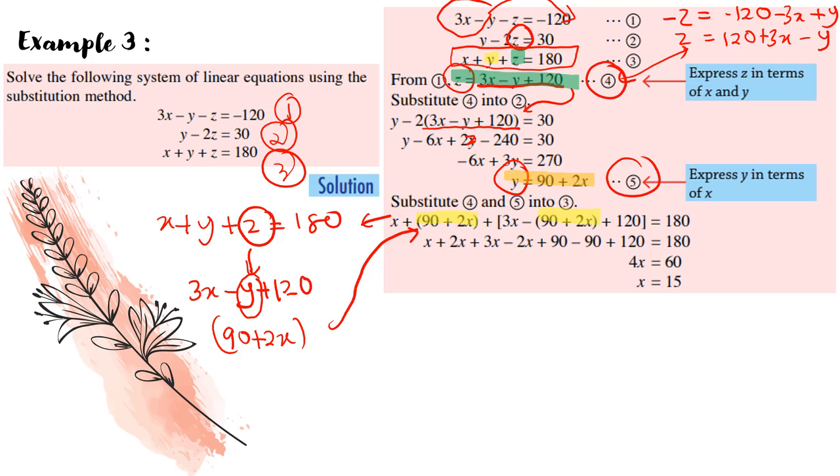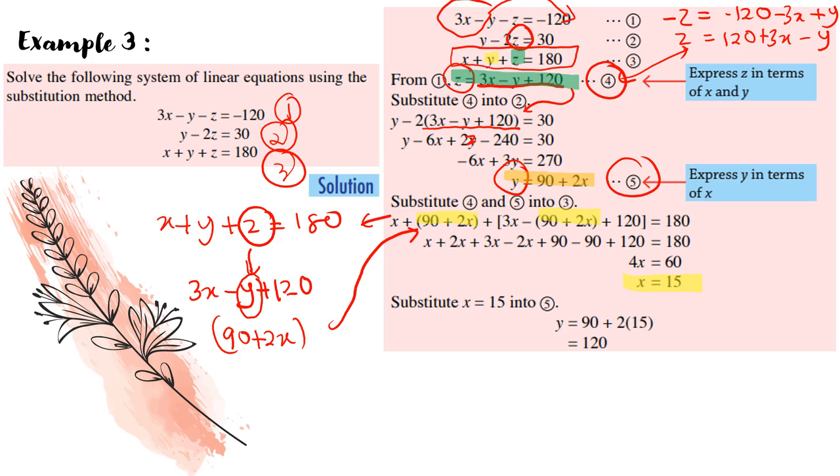So now in this equation, we no longer have y. We don't have z anymore. We only have variable x. So you can solve for one of the values, which is the value of x. So expand this one. You will get x is equal to 15. And then after that, you can solve the values of y and z.